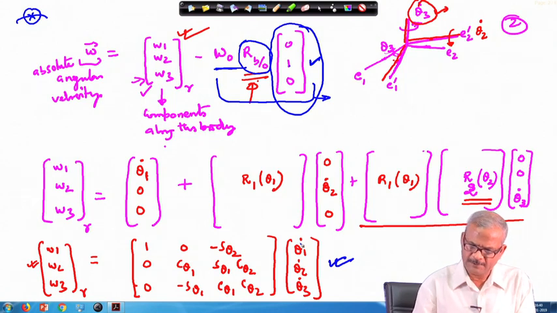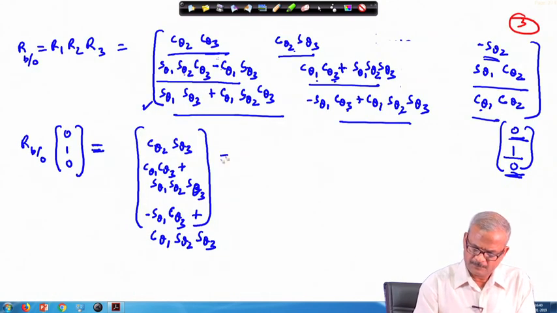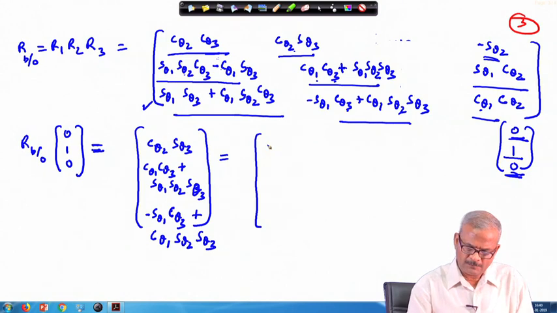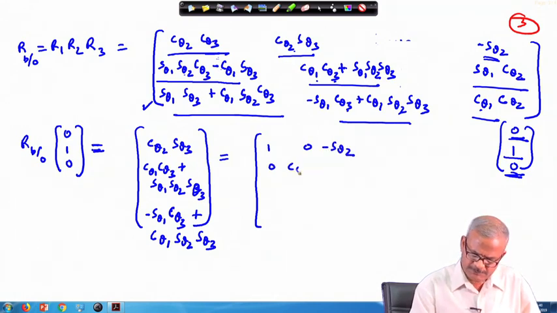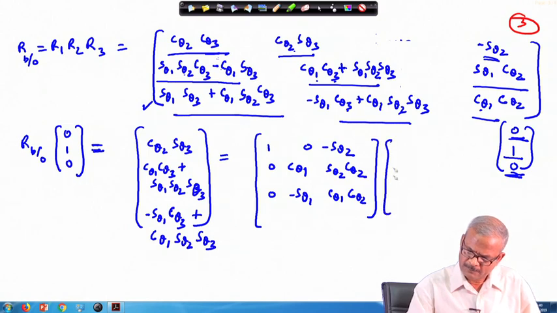This part we have to copy in that place: minus s theta 2, 0, c theta 1, then s theta 1 c theta 2, times theta 1 dot, theta 2 dot, theta 3 dot.